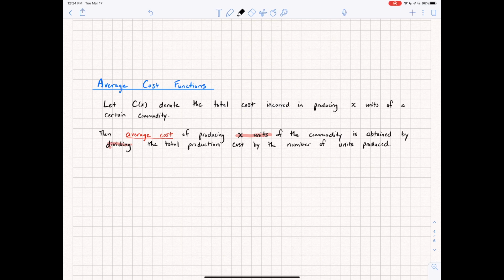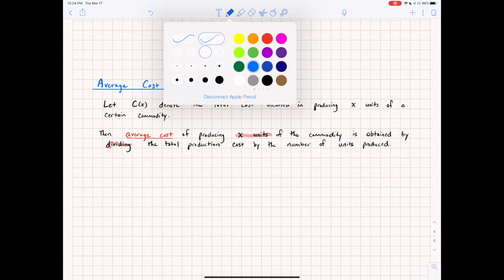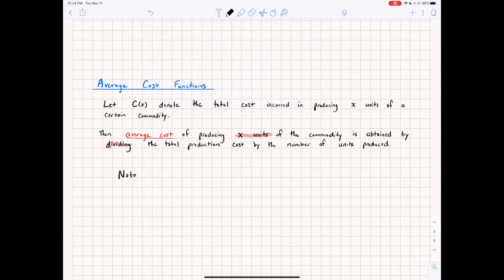So when I want to do average cost, we're going to notate average cost as C bar. The bar means the mean. You see this if you've taken a stats course, or if you are in an economics course, you'll see this written.